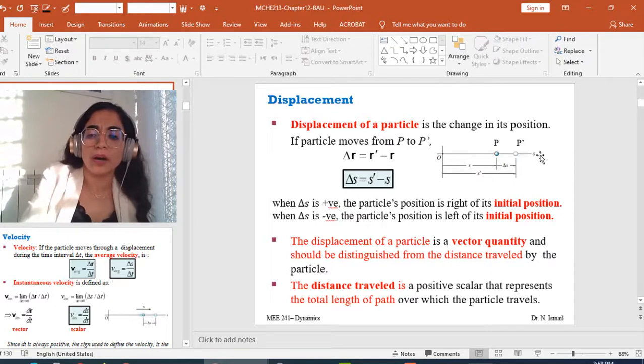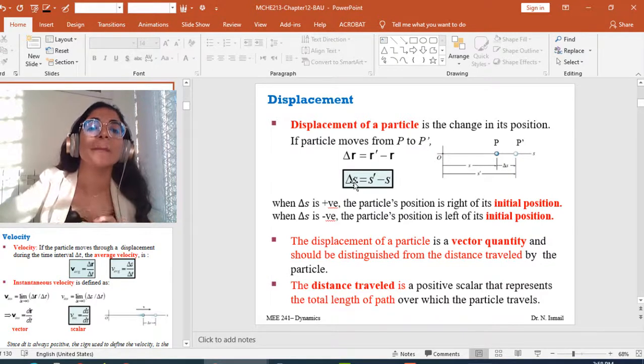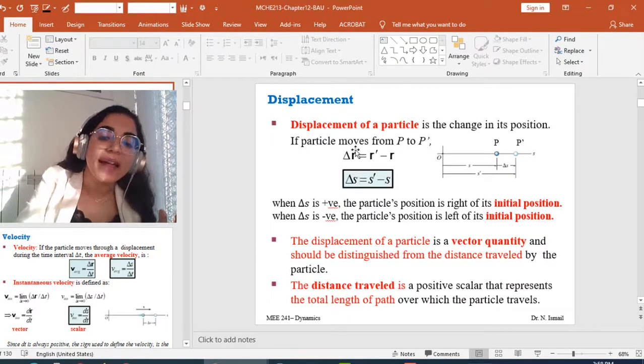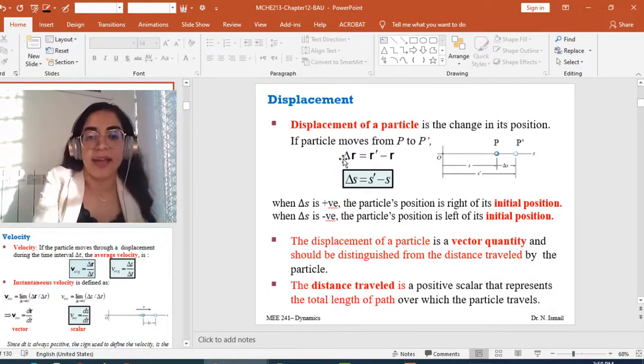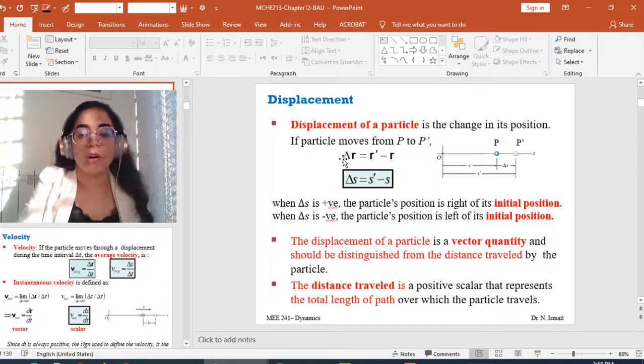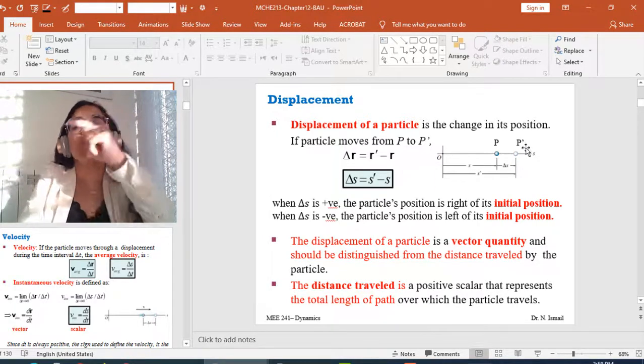It is OP prime in algebraic value minus OP. So guys, delta S is the algebraic value of delta R, where delta R is the displacement vector. Alright, so delta R, of course, is R prime minus R in vector form, which means it is OP prime minus OP.